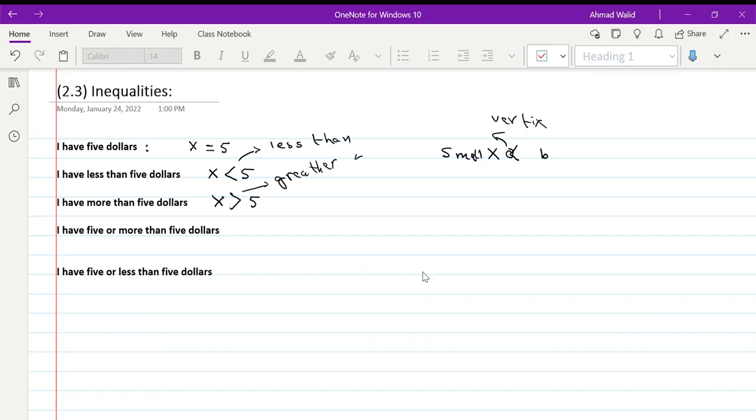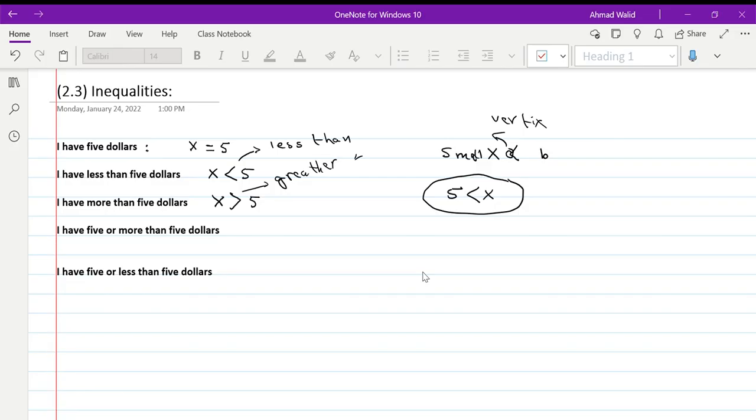In every single case, you see I am putting my variable on the left side. I will not write this way: 5 less than X. It's not wrong, to be honest, it's not wrong. But what we usually do is try to keep our variable on the left, and we always read from left to right, not from right to left.